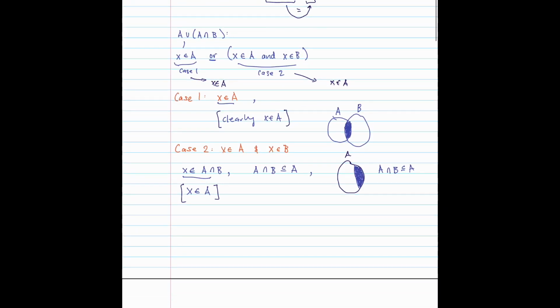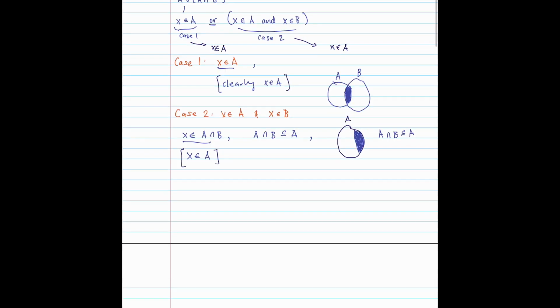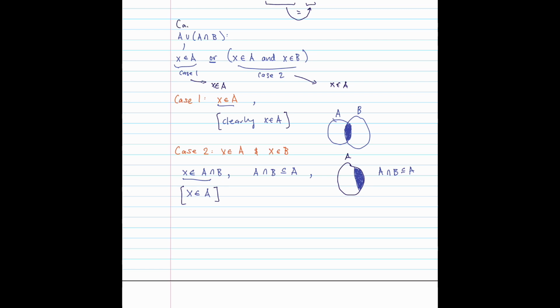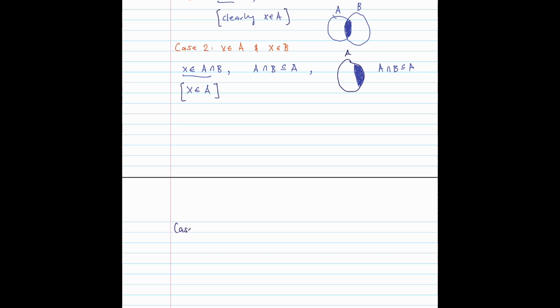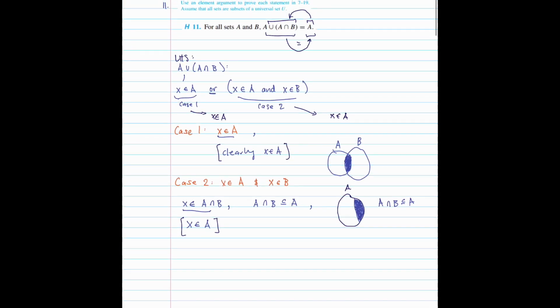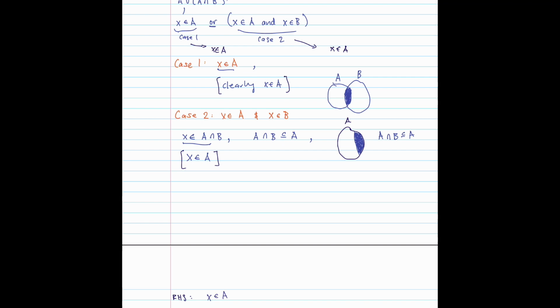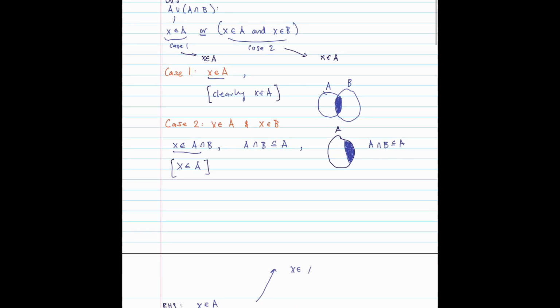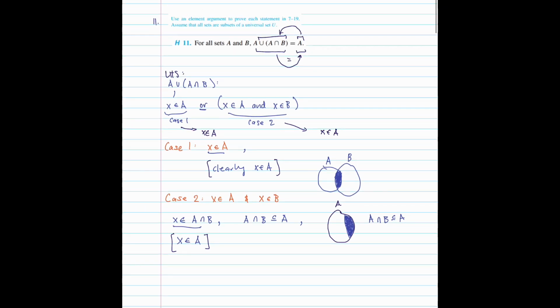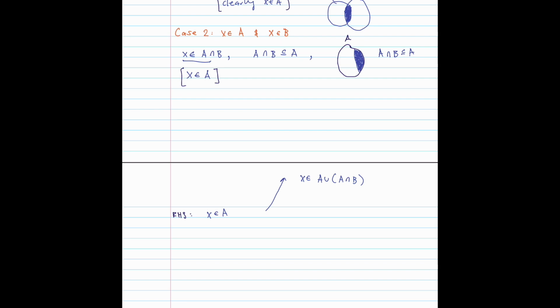Right, so now we're going to do the right side, where we know that X is an element of A, and we want to prove that X is an element of A union A intersection B. So we know that X is already an element of A, but A itself, the set A, is a subset of A union A intersection B, right?